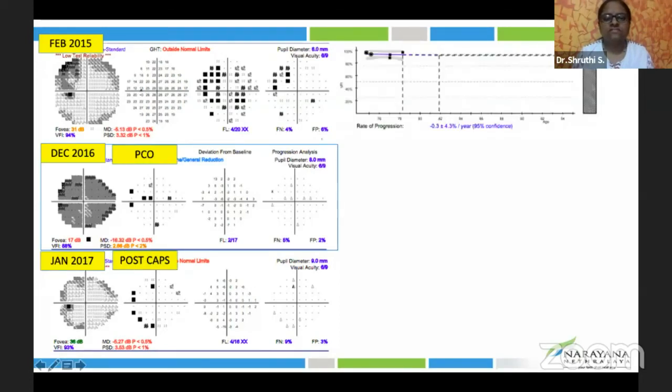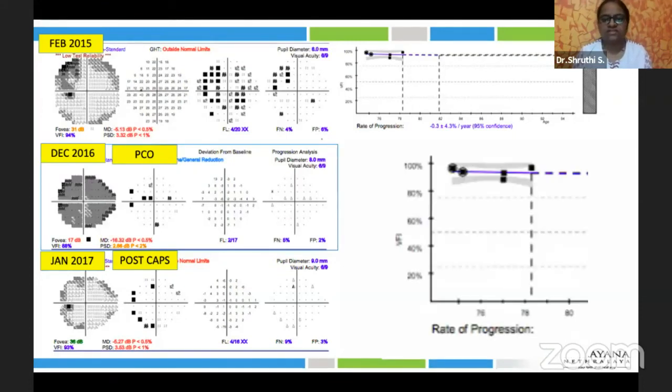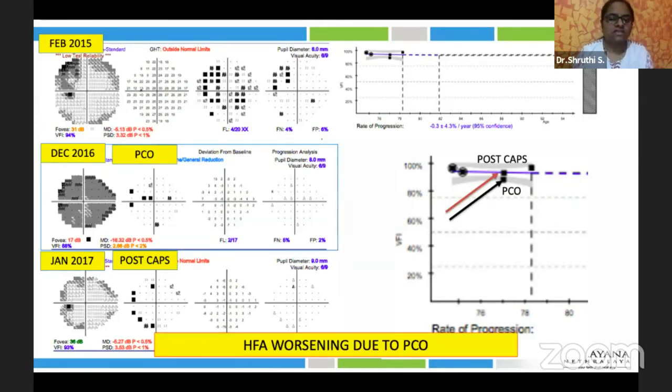So we have to do a good clinical examination before coming to a conclusion of whether the field has progressed or not. Here you can see the dip in sensitivity due to the PCO, and after the YAG capsulotomy the sensitivity increased. So the HFA worsened due to PCO here, not due to real progression.